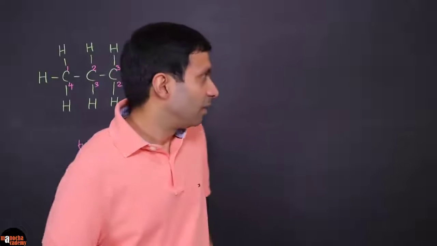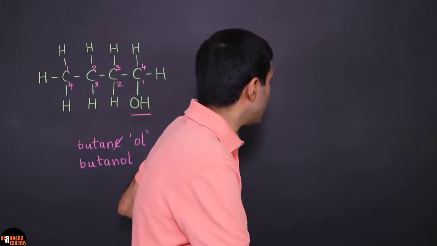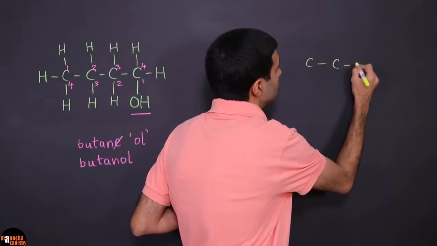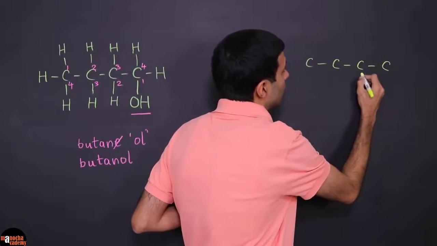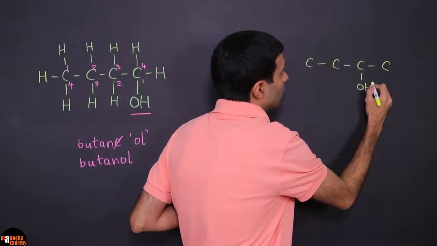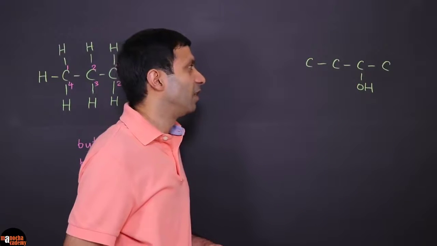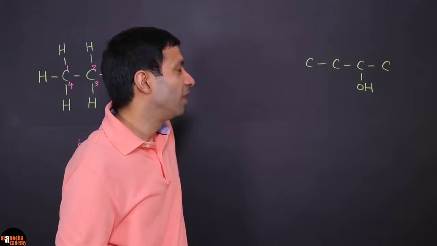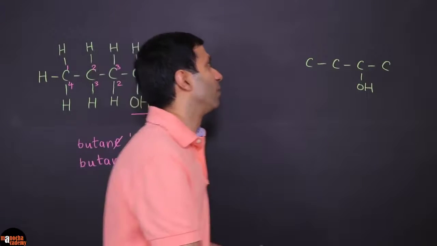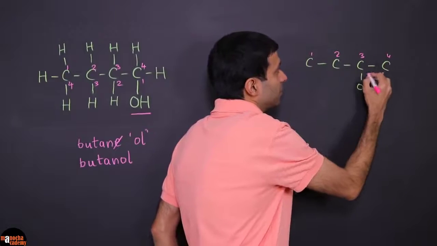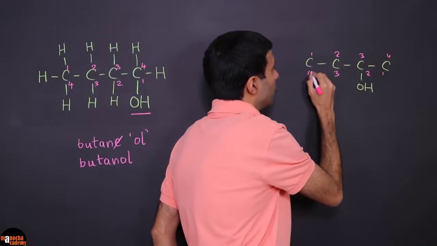Now let's say the OH was at a different position. So let's say we had something like this. And the OH was here, and the rest of course are hydrogens. So what will be the name of this compound? Again, we'll number our longest carbon chain. Right?